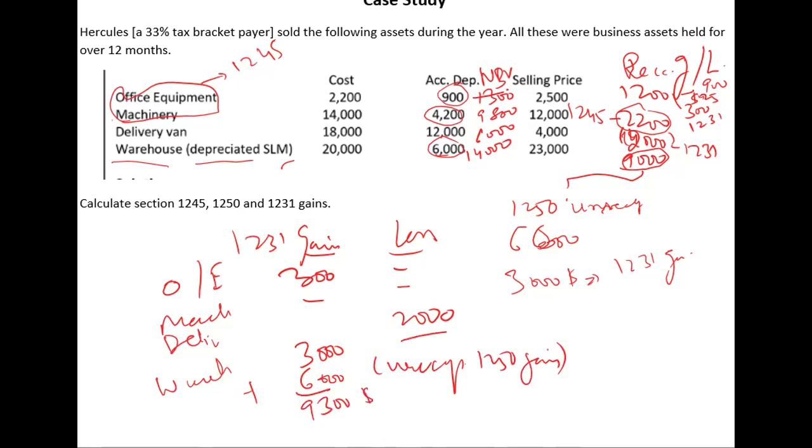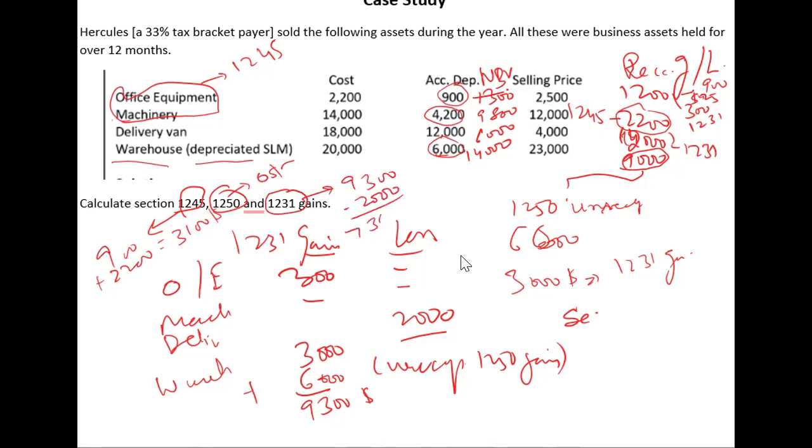Now the result will be: section 1245 gains will be equal to $3,100, so $900 plus 2,200 equals $3,100. The 1250 recaptured gain will be $0, and 1231 gains are 9,300 minus 2,000 loss, that is 7,300.